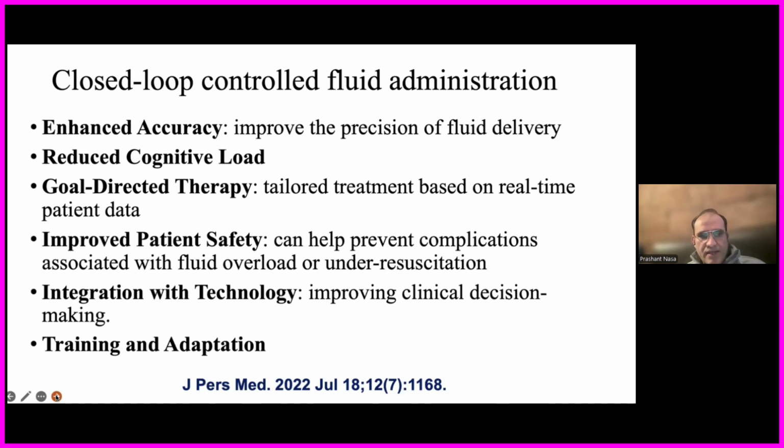So goal-directed fluid therapy in a real-time context will lead to improved patient safety and reduced cognitive load, and thereby reduces the risk of fluid overload or even under-resuscitation. Then when we integrate this along with the electronic health record and complex hemodynamic information, that helps clinical decision making on a real-time basis.